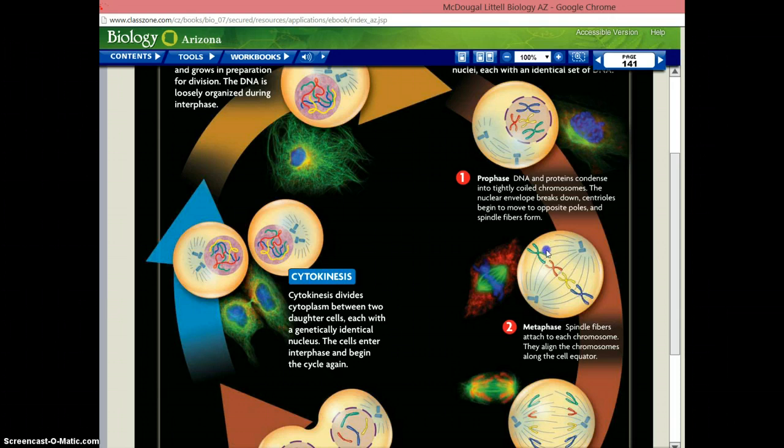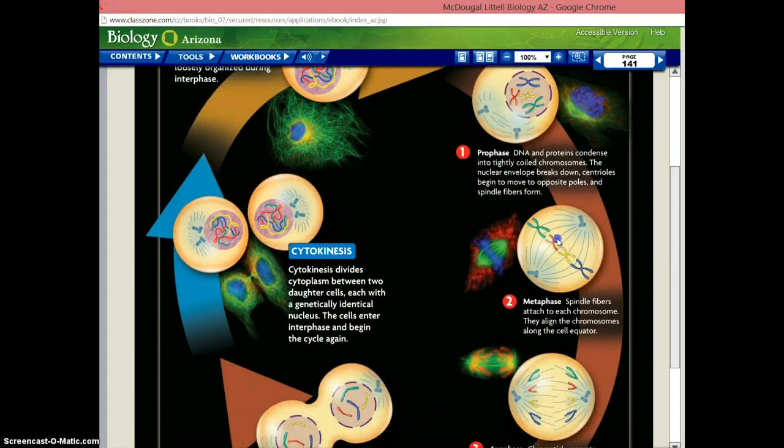The spindle fibers attach to the centromeres, and as you look at anaphase, we can see that each duplicated chromosome, consisting of two chromatids, separates the chromatids. So one chromatid from the green one will go to this side, one chromatid from the green one will go to the other side. So metaphase, once again recapping, centrioles are now on opposite sides, chromosomes line up along the middle of the cell, and the spindle fibers attach to the chromosomes.